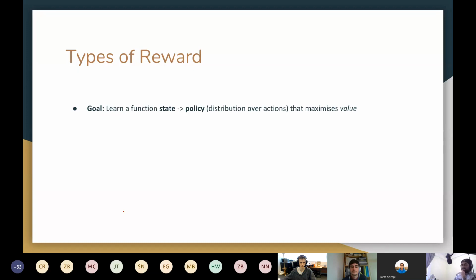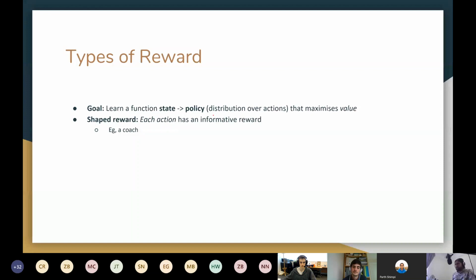Our goal is to learn an agent or a function, which basically takes as input the state of the world and outputs a policy. A policy is just a way of taking actions, and we would like this policy to maximize value. Often we represent a policy as a distribution over possible actions. There are two interesting types of reward.